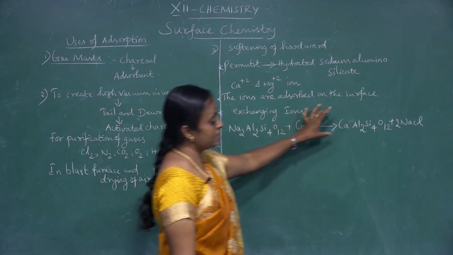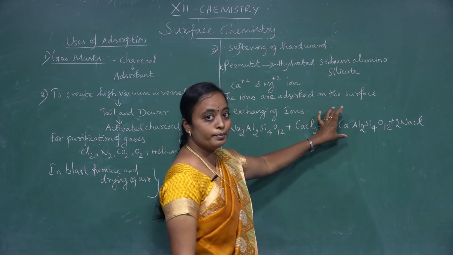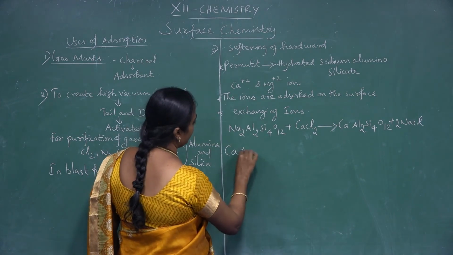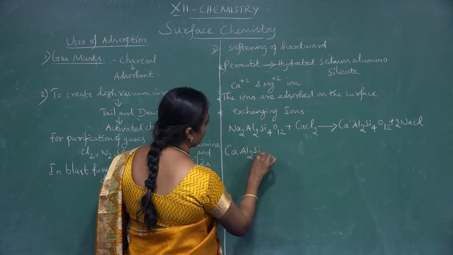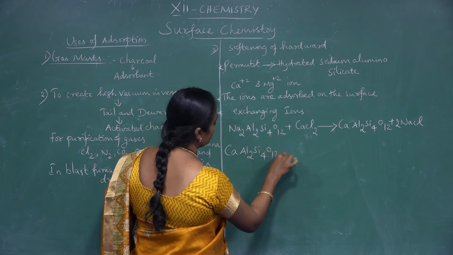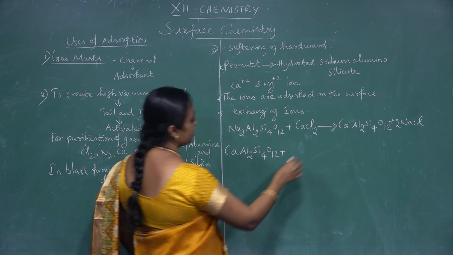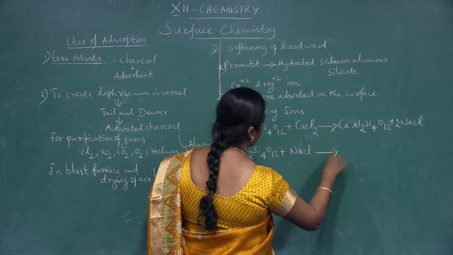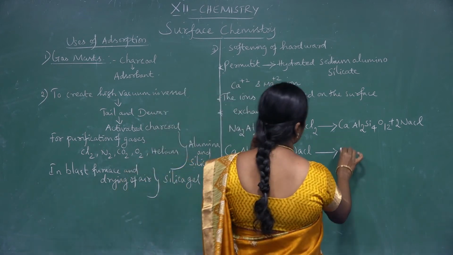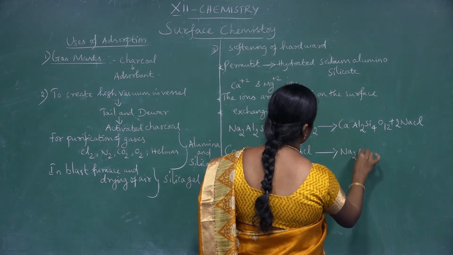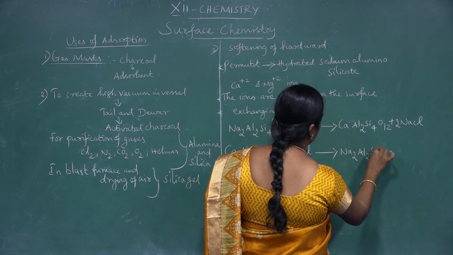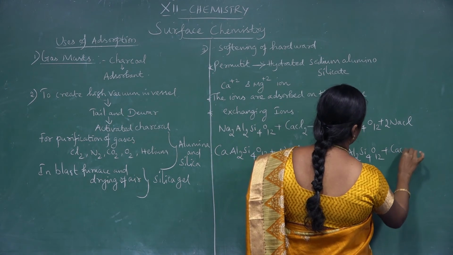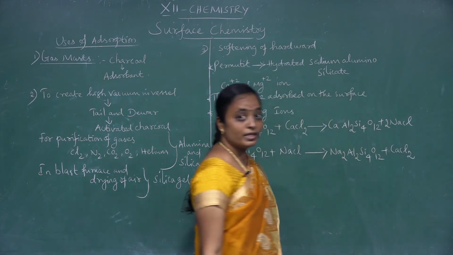This exhausted permutit, CaAl2Si4O12, should be regenerated, and it is regenerated by adding common salt, NaCl. Then we get Na2Al2Si4O12 and CaCl2 again. This is a reversible process.